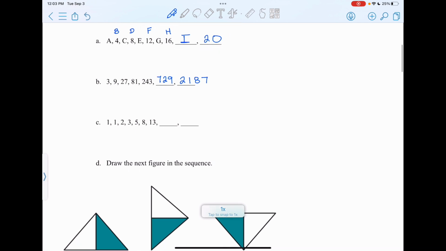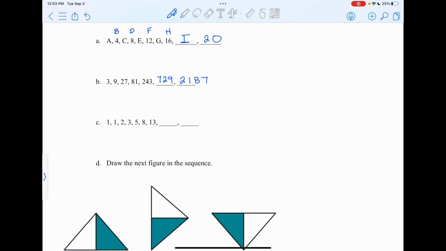For the next pattern, I have 1, 1, 2, 3, 5, 8, 13. Now this one's really tricky. There's actually a name for this pattern. It's called the Fibonacci sequence. And if you took some time to really look at it and make your best guess, you get the next term by adding the two numbers that came before it.